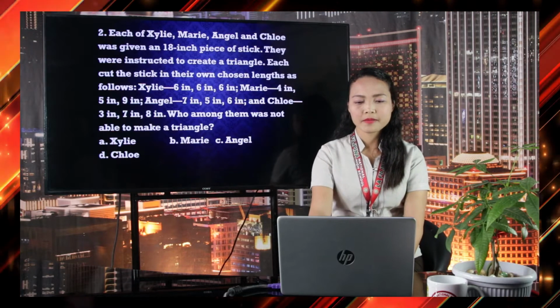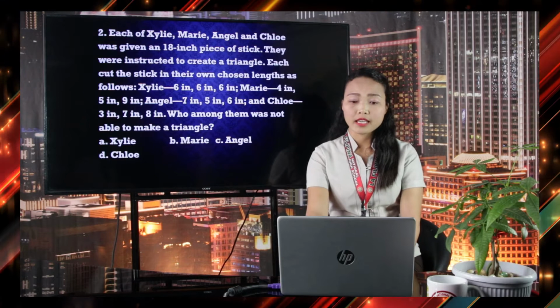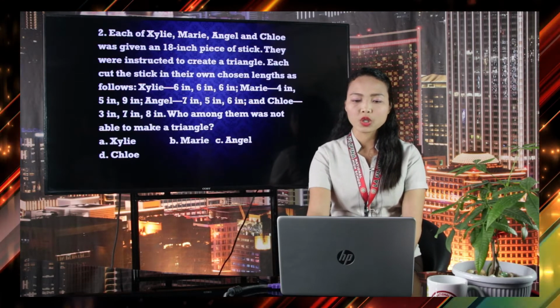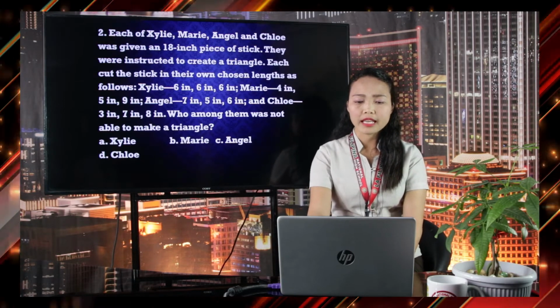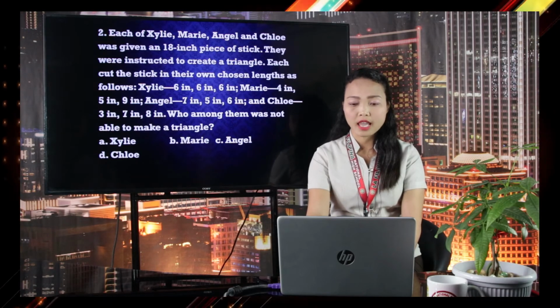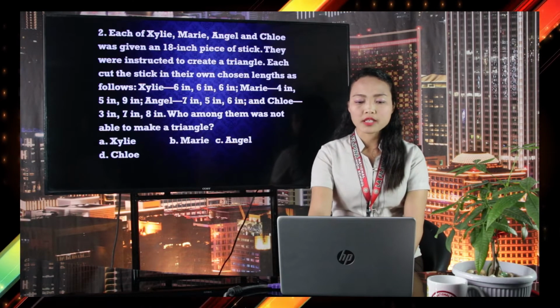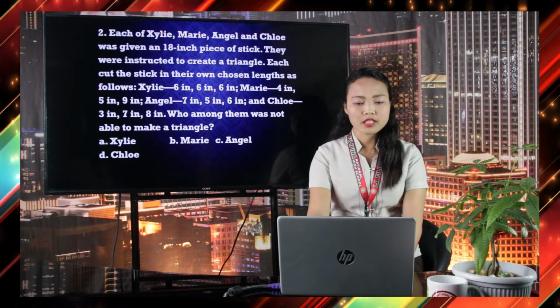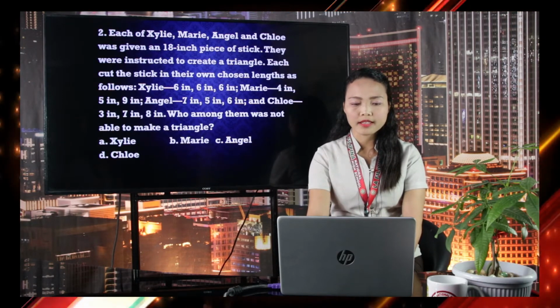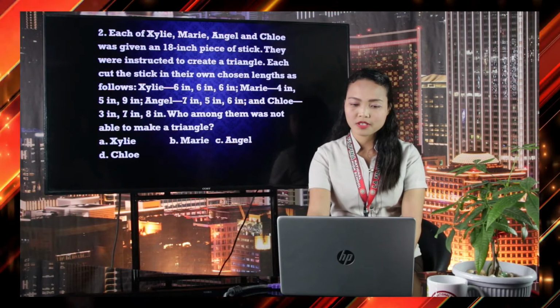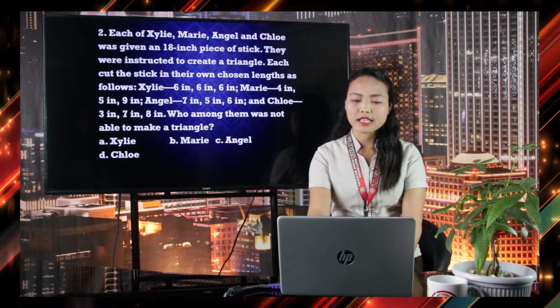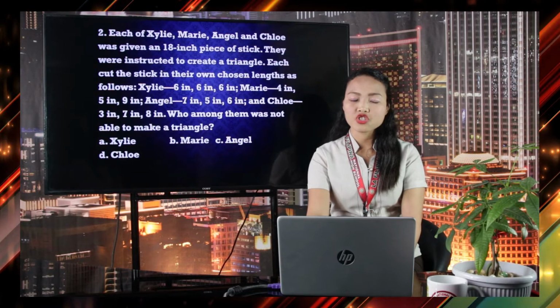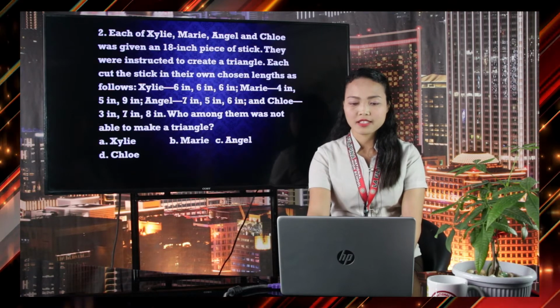Next, each of Siley, Marie, Angel, and Chloe was given an 18-inch piece of stick. They were instructed to create a triangle. Each cut the stick in their own chosen lengths as follows. For Siley, 6 inches, 6 inches, 6 inches.